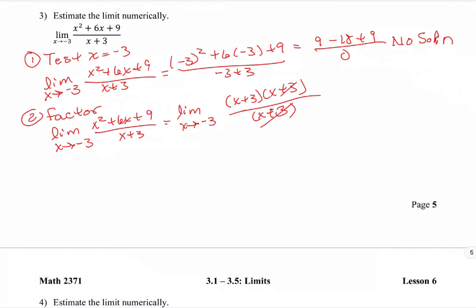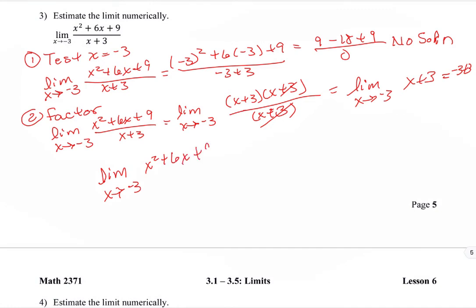So one of these cancels, and I'm left with the limit as x goes to negative 3 of x plus 3. Well, this limit equals negative 3 plus 3. So the limit as x goes to negative 3 of x squared plus 6x plus 9 over x plus 3 equals 0. So that's it.